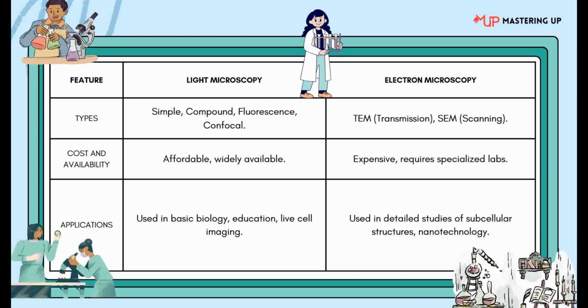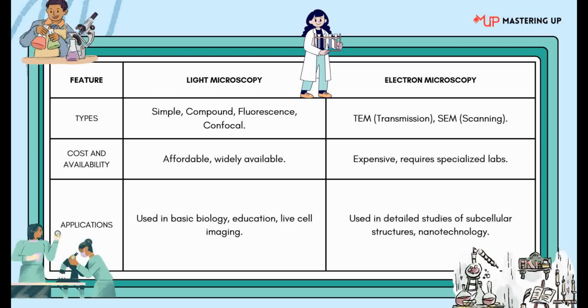It's particularly helpful in diagnosing diseases such as infection, cancer, and inflammatory conditions by enabling the examination of cell morphology and tissue structure. In education, light microscopy serves as a fundamental tool for students to explore the world of biology and understand cellular structures in a hands-on way.